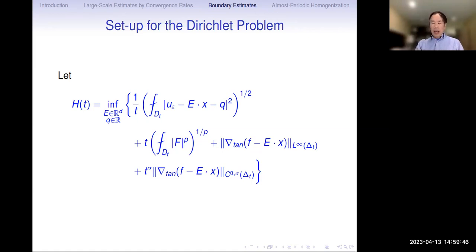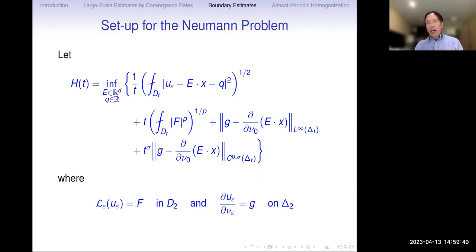All right. For the Neumann problem, it can be done similarly. The first term is the same. The second term is also the same. The last 2 terms are a little different. G is the Neumann data for L epsilon, and D nu is the co-normal derivative of the homogenized equation. So it's a little tricky here, because the Neumann problem depends on the operator.